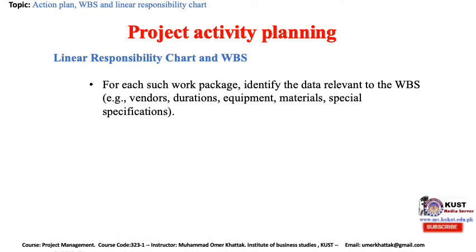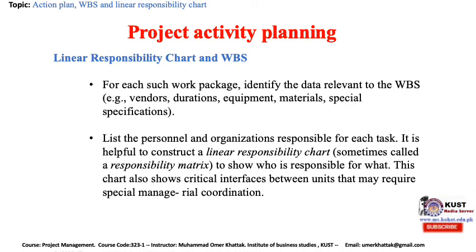For each such work package, identify the data relevant to the WBS. For example, vendors, duration, equipment, materials, special specifications. List the personnel and organizations responsible for each task. It is helpful to construct a linear responsibility chart, sometimes called a responsibility matrix, to show who is responsible for what.